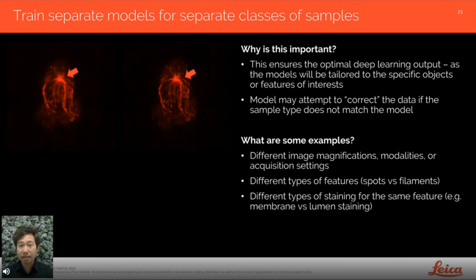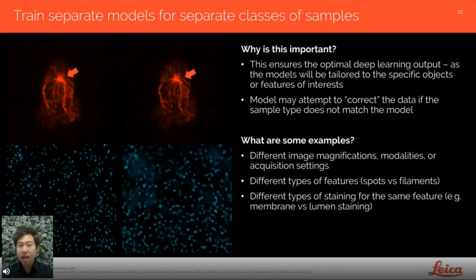And in more extreme cases, the model may try to correct the data in a way that takes away from the fidelity of the data, which you can see on the left side and at the bottom. If you look at these 2 images, both actually came from the same nuclear pore complex raw image, but I used a different model on each of them. On the left side, the model that I applied was trained on the nuclear pore complexes, and with this model, the data sharpens to point-like objects.